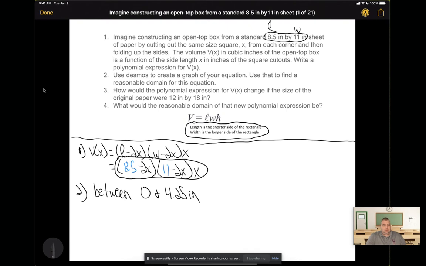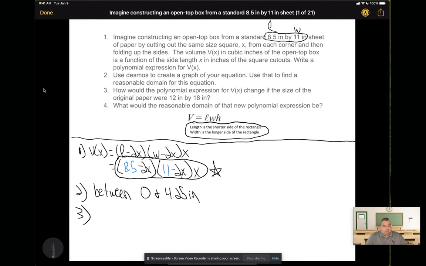All right. Number 3, how would the polynomial expression for v of x change if the size of the original paper were 12 by 18? This right here was my equation, my polynomial, when I had an 8.5 by 11. What if I changed it to 12 by 18? What do you think is the only thing that's going to change? It's the two numbers that are in blue here.